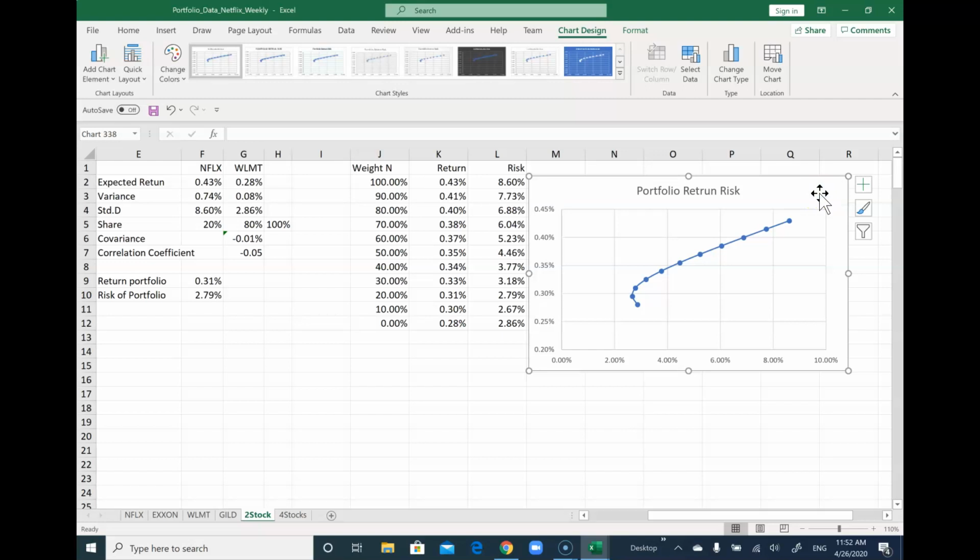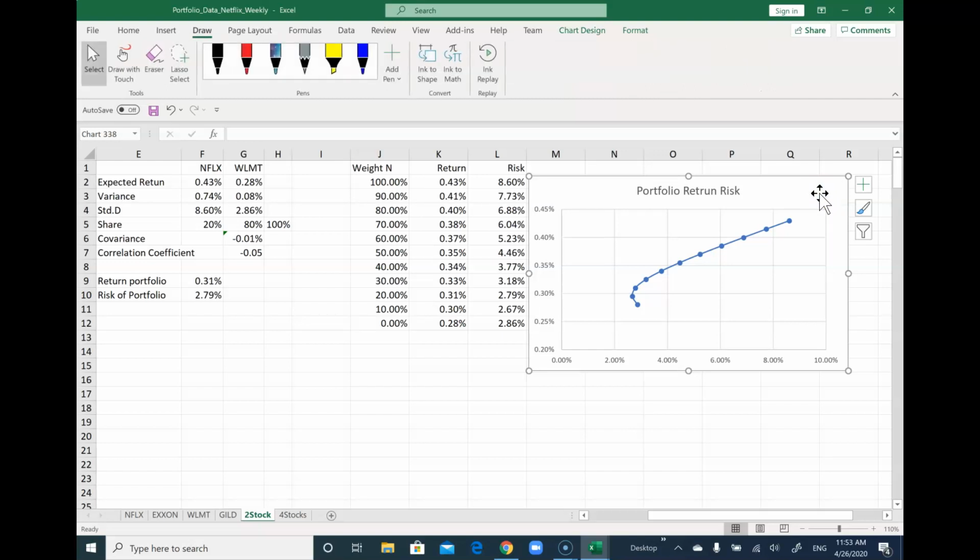So what you can see here is, first, this is the Walmart. Walmart has the return of 0.28% and the risk of 2.86%. And this is Netflix.